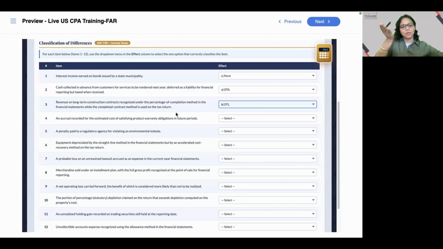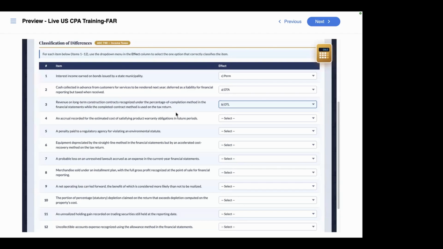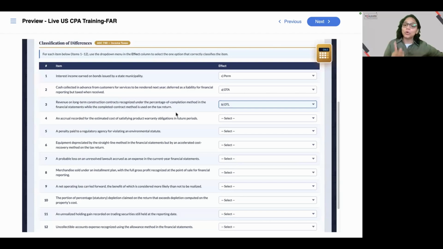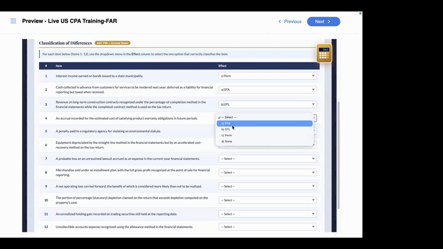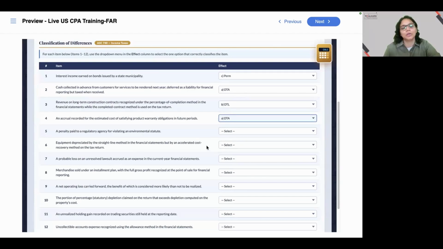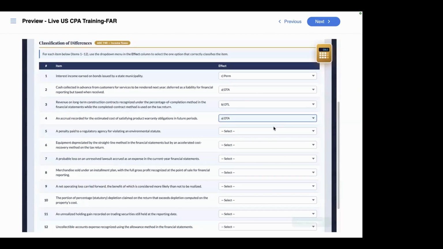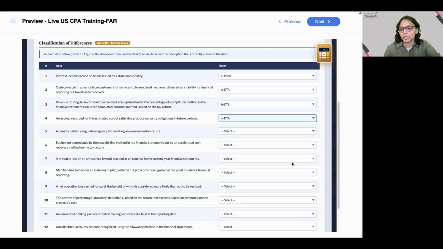That means tax income will become more. Have you understood? Yes. Don't rote learn. If you rote learn, you will make mistakes. Book income has already reduced because of the warranty expense debit. Book income is low. Tax will disallow it. That means tax income will become more. So it's DTA. Have you understood? Yes, ma'am. Clear? Yeah. Very good.